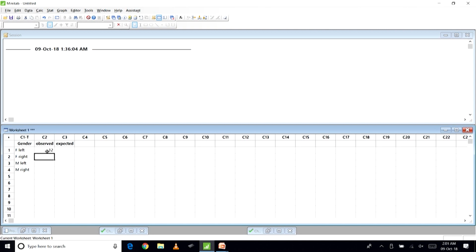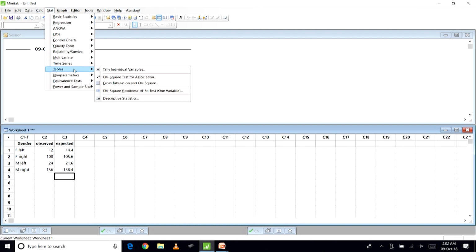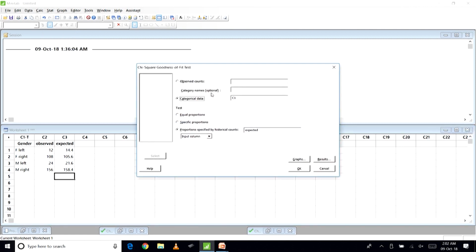So, observed 120, it is 12, 108, 24, 156, expected 14.4, 105.6, 21.6 and 158.4. So, let us look at chi-square goodness of fit.